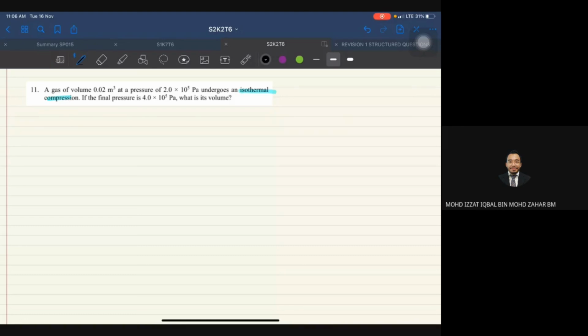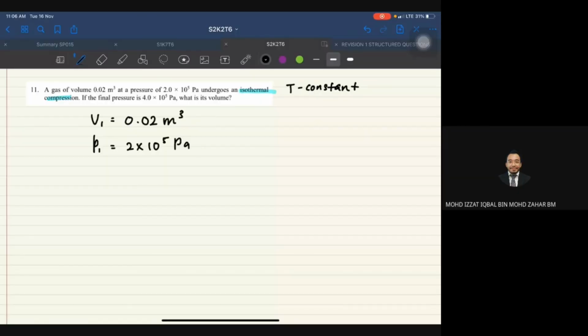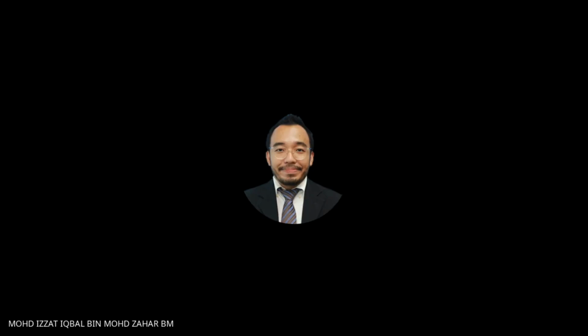Kata volume awal dia 0.02 meter cube, pressure awal dia 2 times 10 to the power 5 Pascal. Isothermal compression means that the T is constant, and then they give you the final pressure P2 sama dengan 4 times 10 to the power 5. They want to find final volume.